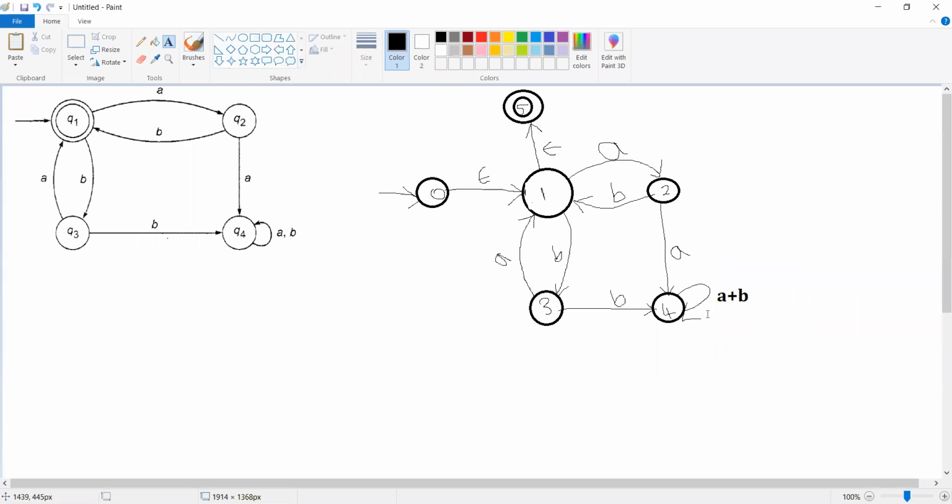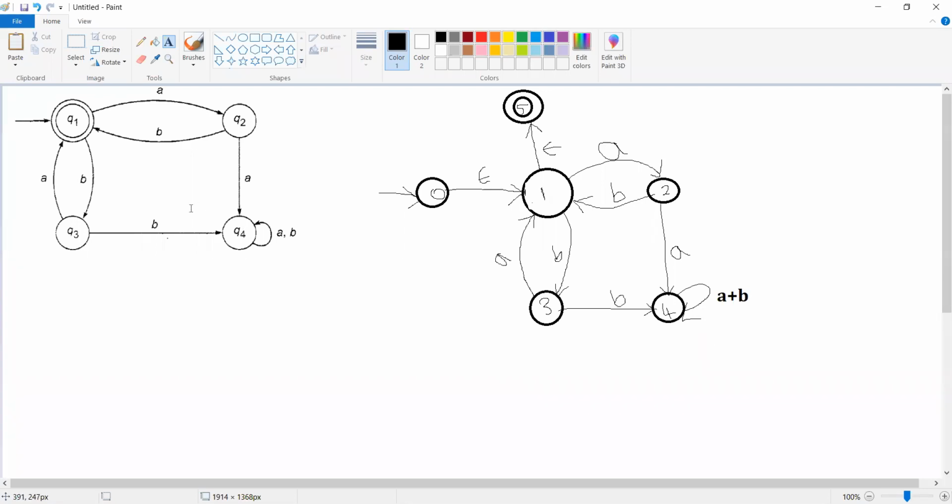Whenever I want to remove the looping term, we need to multiply it with the outgoing transitions. Do we have any outgoing transitions over here? No, we don't have any outgoing transitions.